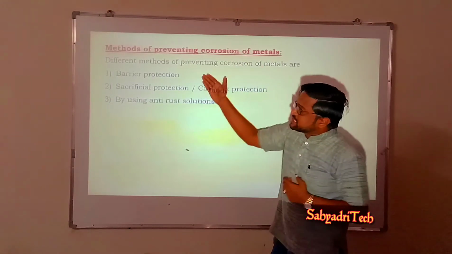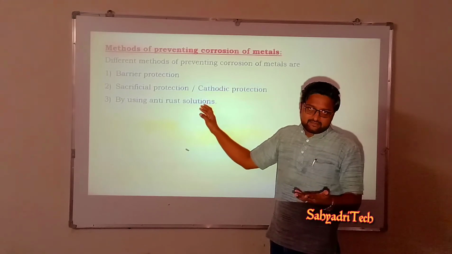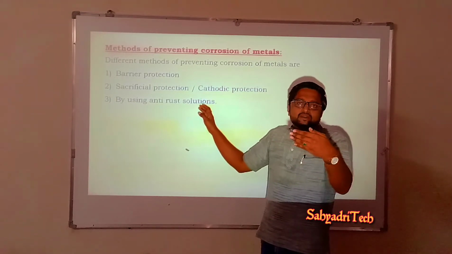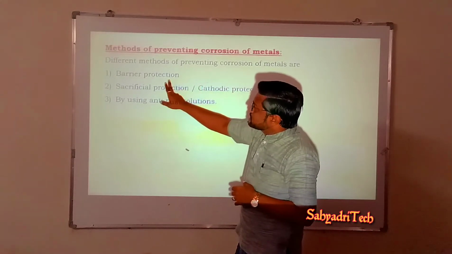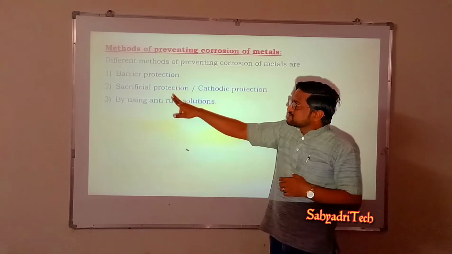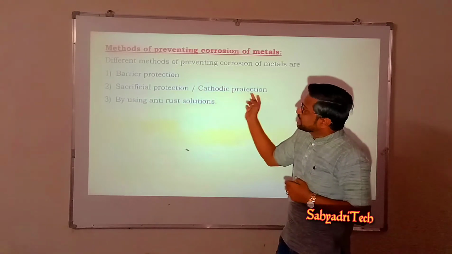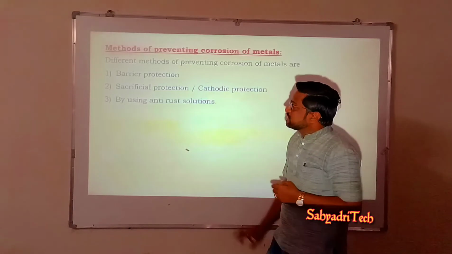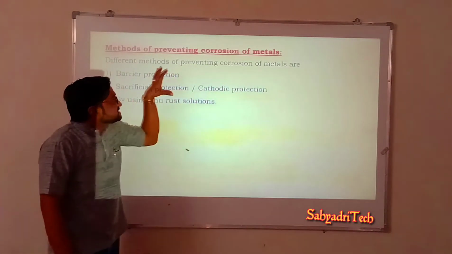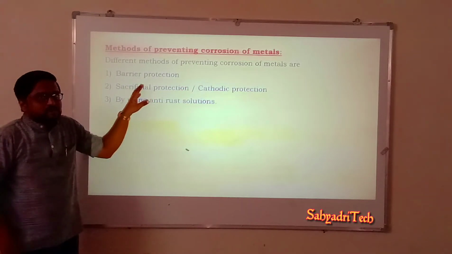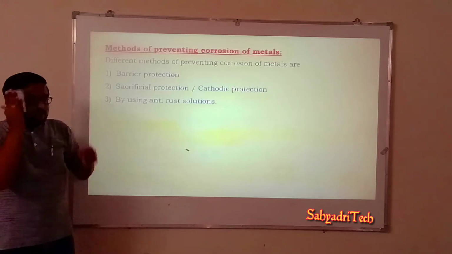There are basically three methods by which it is possible to cut the extent of corrosion. What are those? Barrier protection, second, sacrificial protection, sometimes also mentioned as cathodic protection, and third, using anti-rust solutions. So these are the three major ways by which we can prevent the corrosion of metals.